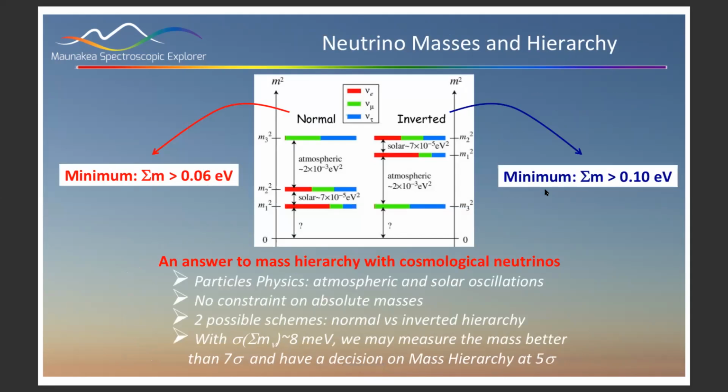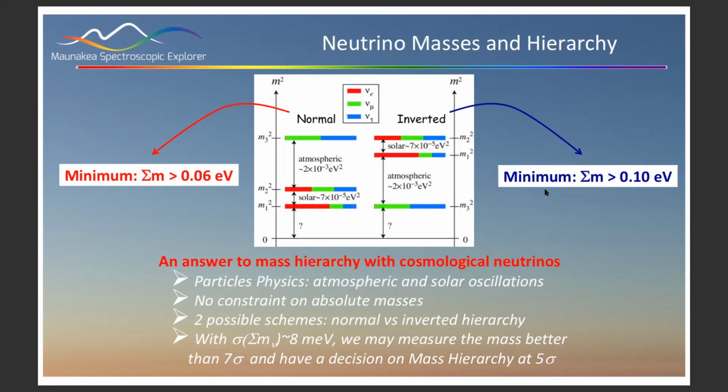Concerning another important subject for us, which is the measurement of the mass of the neutrinos. You know that with particle physics, we have demonstrated that, first, the neutrinos have a mass with the atmospheric and the solar oscillation, but particle physics is not able to give the absolute mass of the neutrinos.